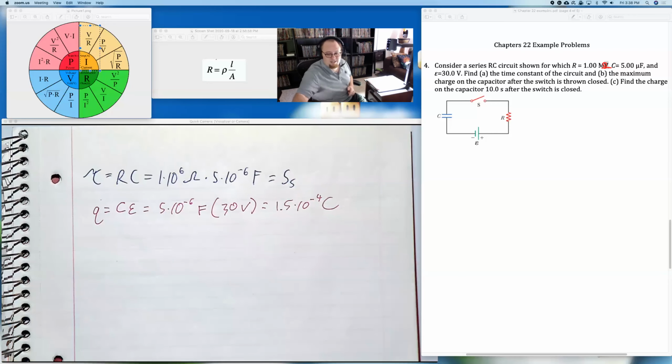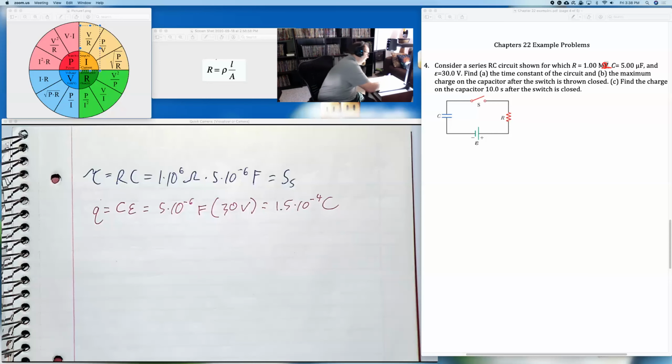And C is an actual real problem, which says, find the charge on the capacitor 10 seconds after the switch is closed. This is a capacitor that is charging. We know it's charging because it's shown with a battery, and it's also starting open. If it's open, it wouldn't have a charge on it. So we're showing this going, closing it, and we're going to charge it.